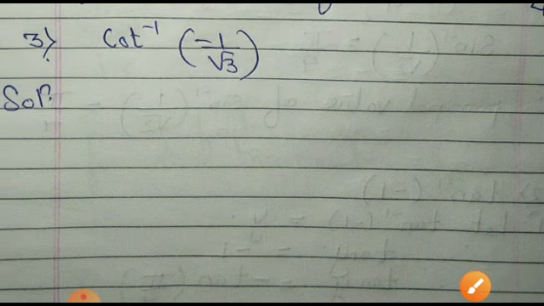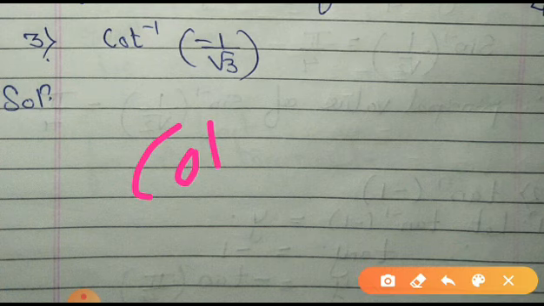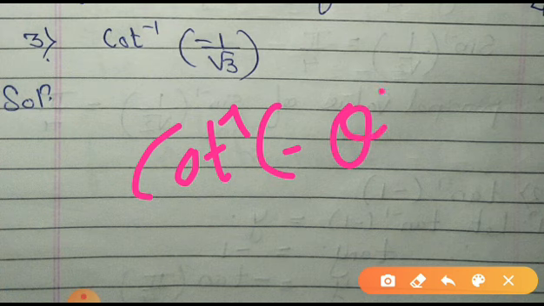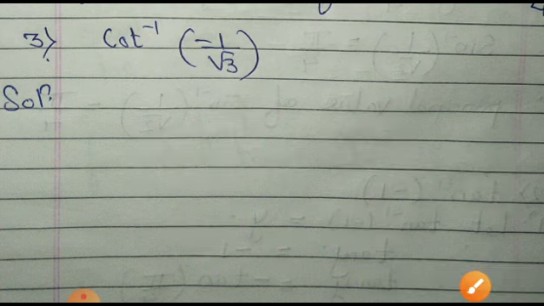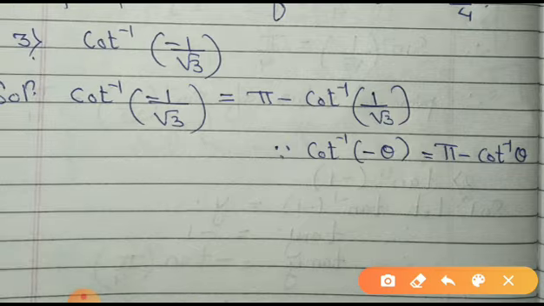So first is cot inverse of minus 1 by root 3. What is cot inverse of minus theta? Is it minus cot inverse theta? No. It is pi minus cot inverse of theta. So I can make use of that and write it as pi minus cot inverse of 1 by root 3.